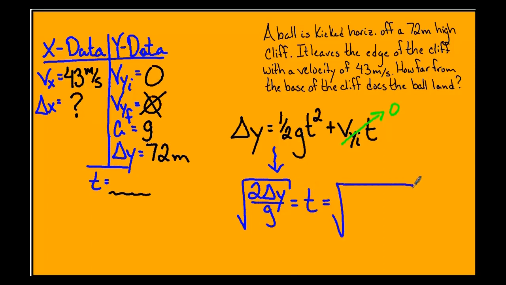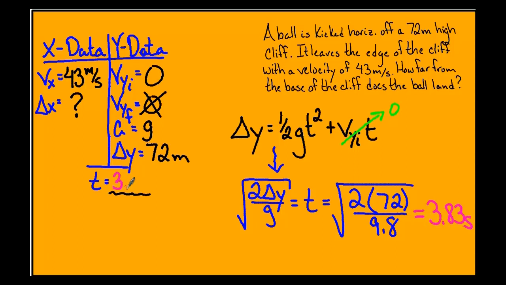Once we take the square root of this, plugging our numbers in, we'll end up getting a value here. The value we get for time works out to be 3.83 seconds. Make sure you include your units.